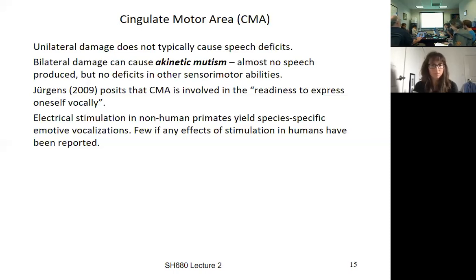In humans, on the other hand, nothing happens if you stimulate CMA. And in fact, that's true of a huge amount of cortex. So a little trivia thing in here, cocktail party conversation. You know the old adage, you only use 10% of your brain? Yeah, it's wrong, for starters.